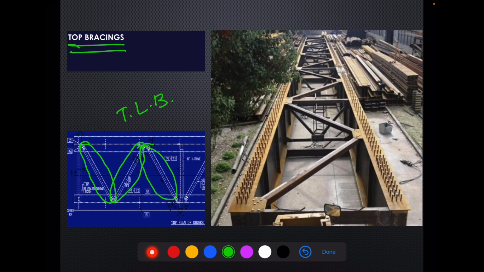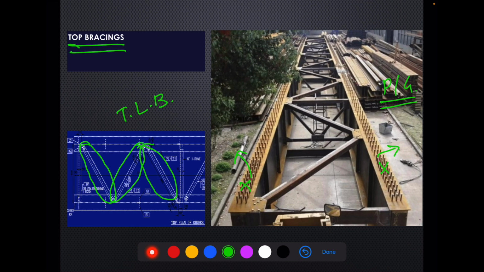The photograph on the right is of a composite girder because studs have been provided at the top. In a plate girder, these shear studs are not provided. Actually, we could not get any clear photograph showing TLBs of a plate girder.